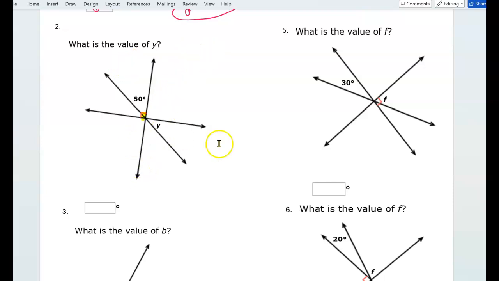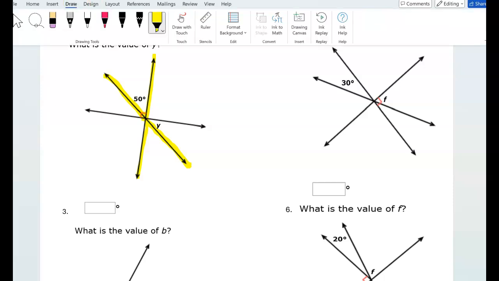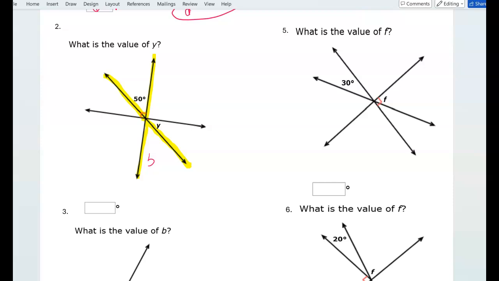This is a vertical angle. So this angle here would be 50 degrees because it's a vertical angle to this angle. They're congruent.